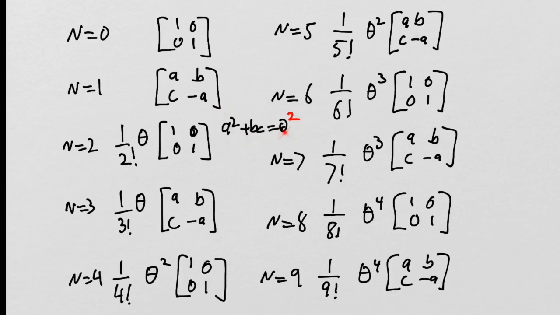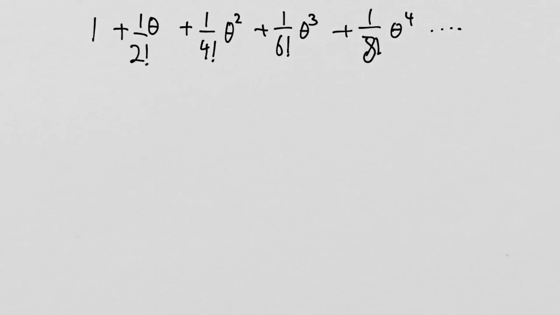If I had done the definition correctly, where this was theta squared, then this would have been theta squared, theta to the fourth, theta to the sixth, theta to the eighth, and that would have immediately sparked your recollection that this is the hyperbolic cosine of theta, cosh theta. All right.